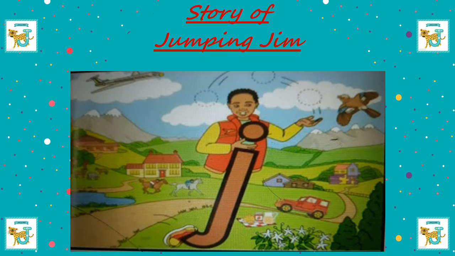Alright. So now I am going to recite a few words that begin with letter J, which are friends of Jumping Jim. Jumping Jim himself is a friend of himself. So, Jumping Jim, juggling, jet plane, jigsaw house, jeep.